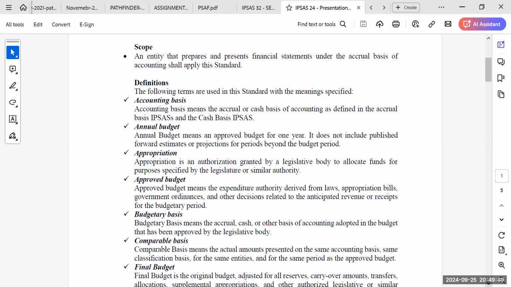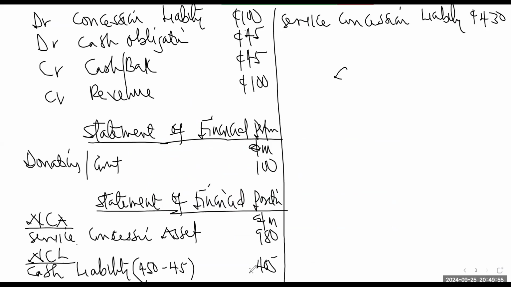Okay, the comparable basis means that we are going to be comparing. So we prepare a budget and see the actual. So you'll be having the annual budget, the same as the approved budget, then you have the actual, then you put the figures there and have the variances.